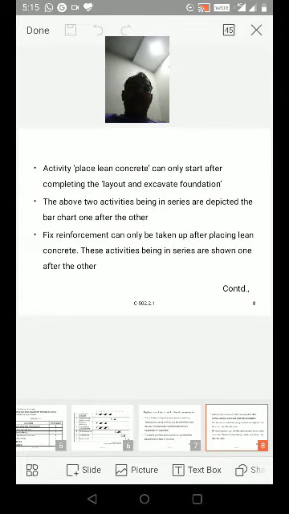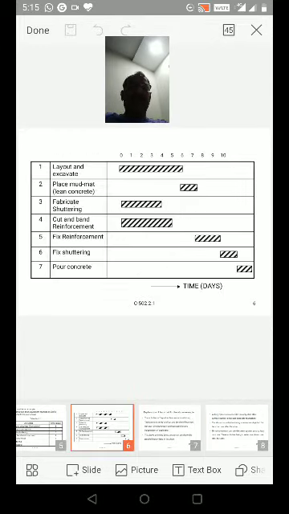The activity place lean concrete can only start after completing the layout and excavate foundation. Already it is there, you can see. Place mud mat, lean concrete, was already discussed. Only after layout and excavation can you start placing the mud mat, lean concrete.